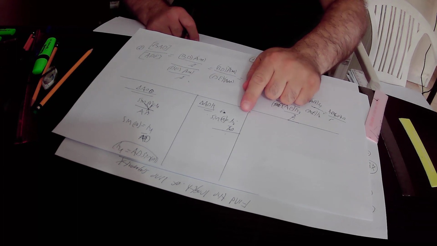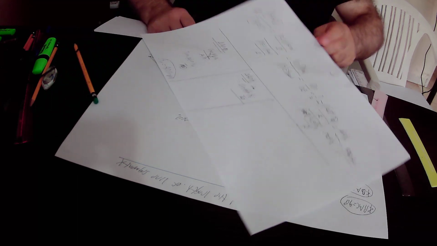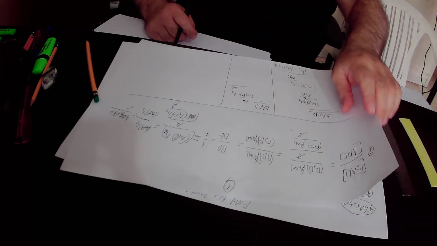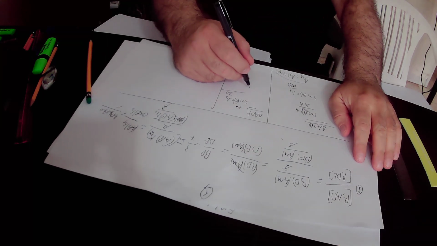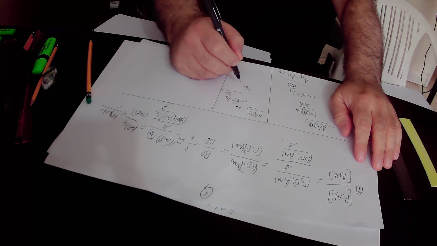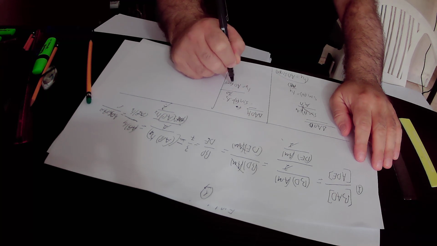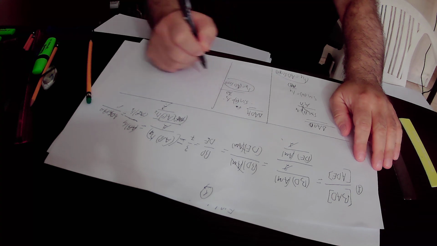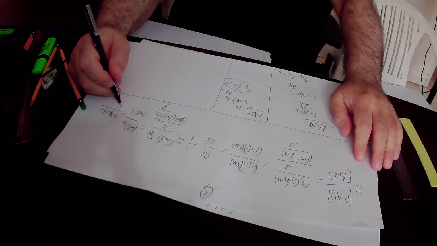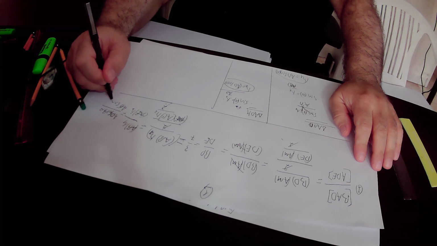We will multiply this equation by AD, and we will get that H2 is equal to AD times sinus alpha.